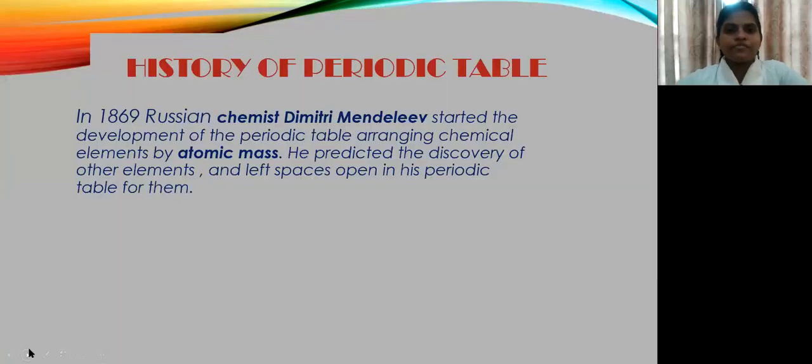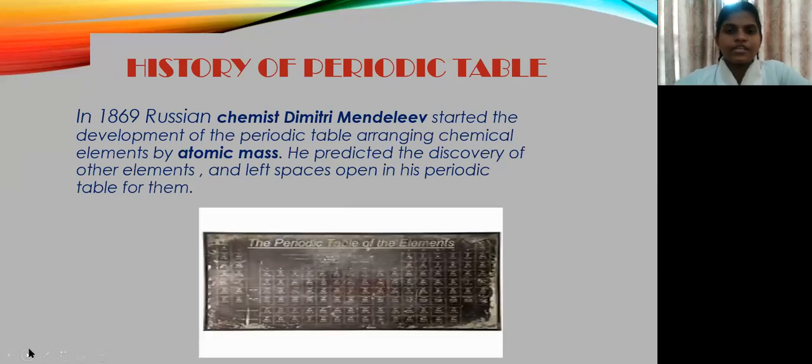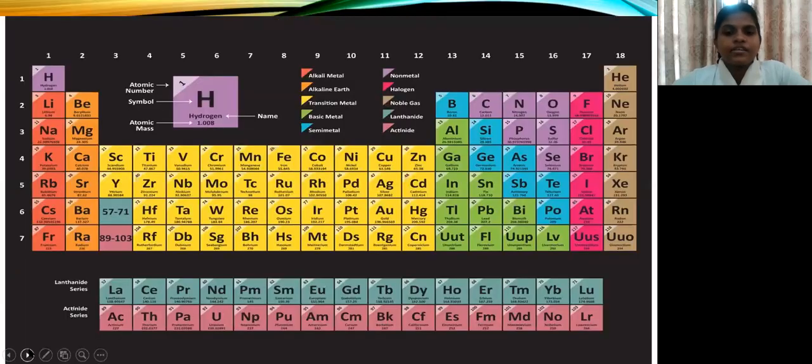Thank you, Upani. When we consider the history of the periodic table, Russian chemist Dmitry Mendeleev started the development of the periodic table, arranging chemical elements by atomic mass. Here you can see the modern periodic table. It consists of 118 elements.